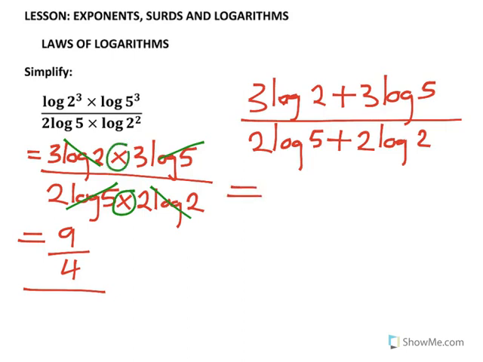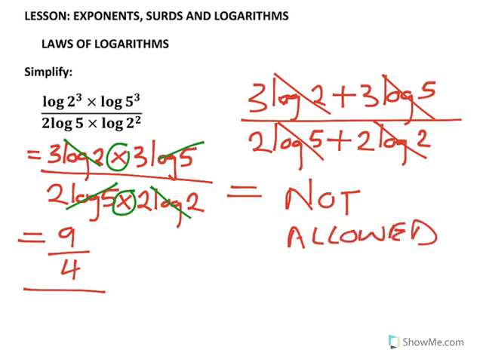Now it is not allowed, remember, it is not allowed to say I cancel that and I cancel that. This is not allowed. Why? Because of the addition sign. You can only do it if there was a multiplication sign. If you are to work on this one in this version, you have to factorize.